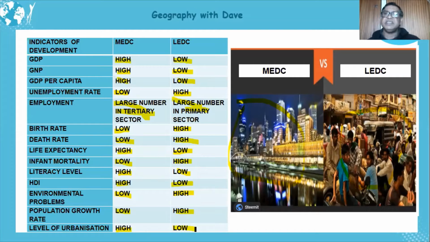Most people in the MEDCs live in urban areas because you don't need so many people in the rural areas. It's all mechanization; employment is not needed so much, as machines are used. Whereas in the LEDCs, the level of urbanization is lower. A high percentage of people are still in the rural areas. Remember, I said level of urbanization, not rate. So those are some of the differences between the two.